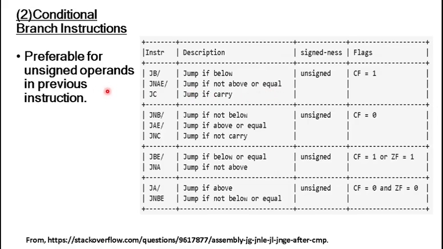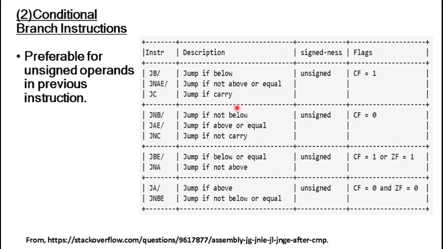Suppose you are comparing a destination operand and a source operand, and you have to perform a jump if the destination is less than the source operand, in case of unsigned operands. You can use any of these three instructions: jump if below, jump if carry, or jump if not above or equal.